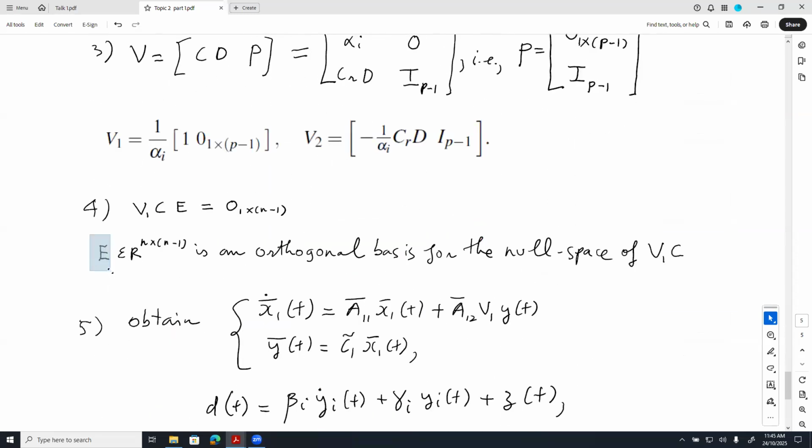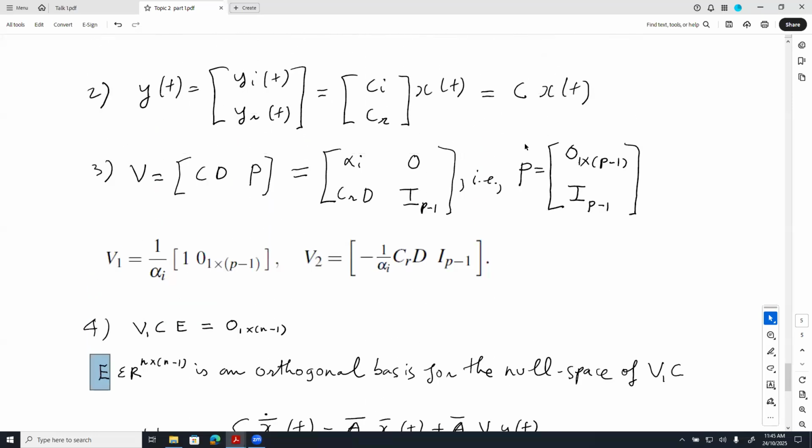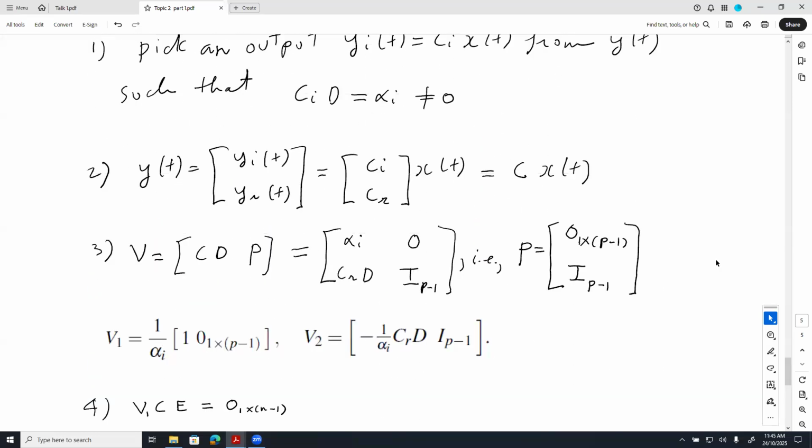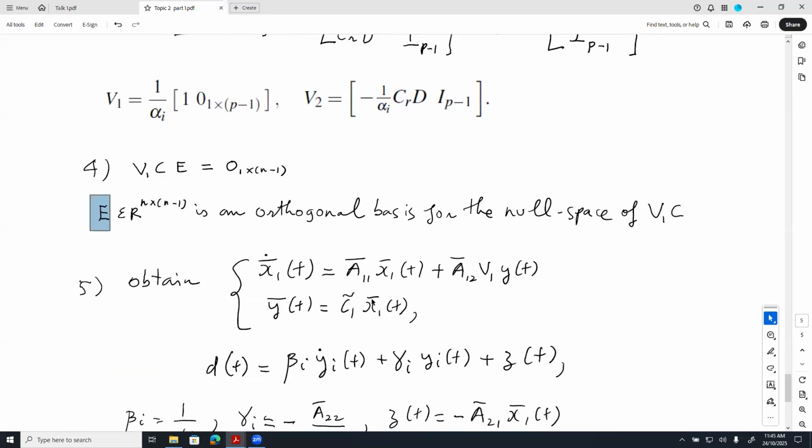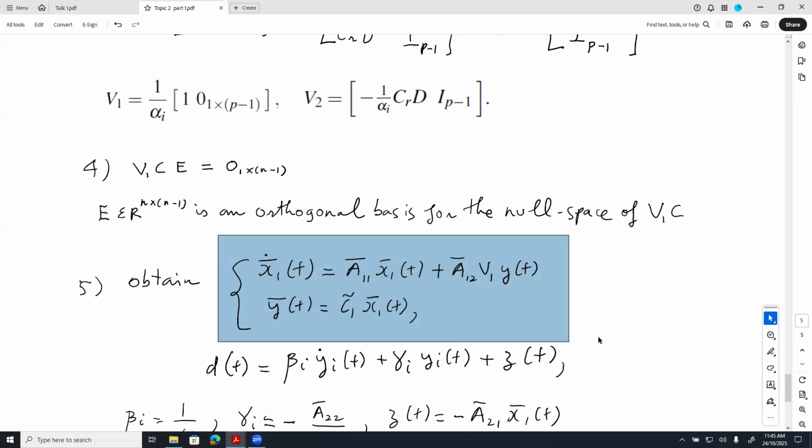We got metric E, we got metric P, and therefore we know how to obtain the transformation. And then we can obtain an n-1 reduced order disturbance-free system. This one is much simpler than the one by Hou and Muller, because we got I bar 1, 1.